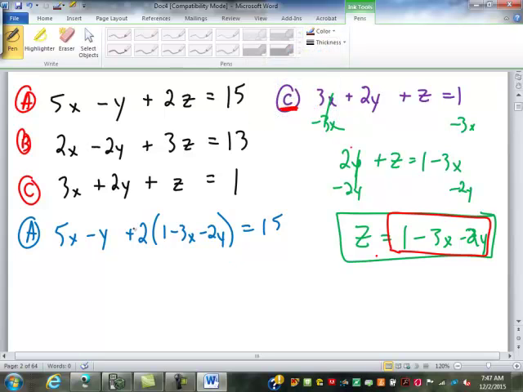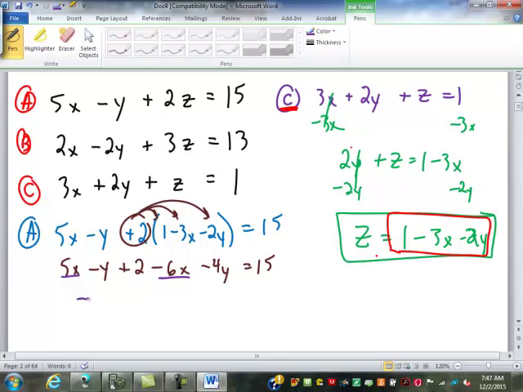Doing a little bit of work here, we're going to multiply through by the 2. So 5x minus y doesn't change. 2 times 1 is 2. 2 times a negative 3x is negative 6x. And 2 times a negative 2y is negative 4y. So now we can combine. 5x and negative 6x makes negative 1x, and negative x.